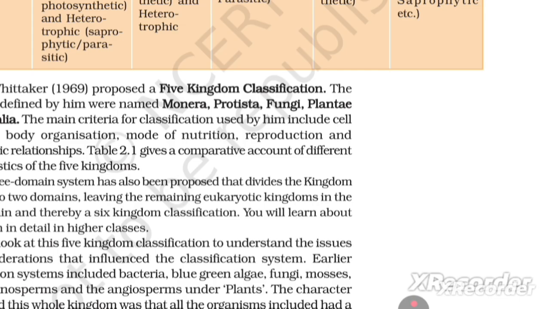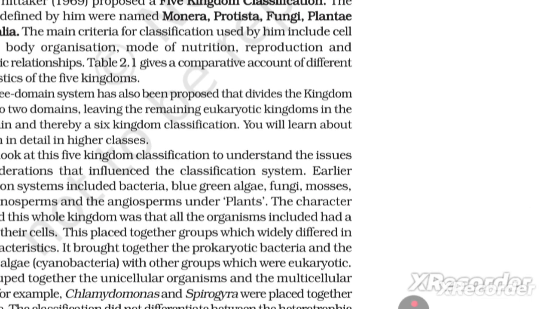Earlier classification systems included bacteria, blue-green algae, fungi, mosses, ferns, gymnosperms and angiosperms under plants. The character that unified this whole kingdom was that all the organisms included have a cell wall. This placed together groups which widely differ in other characteristics.